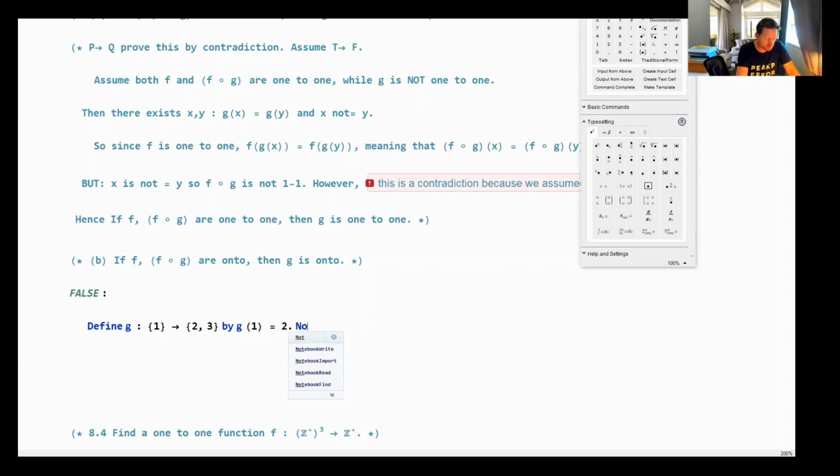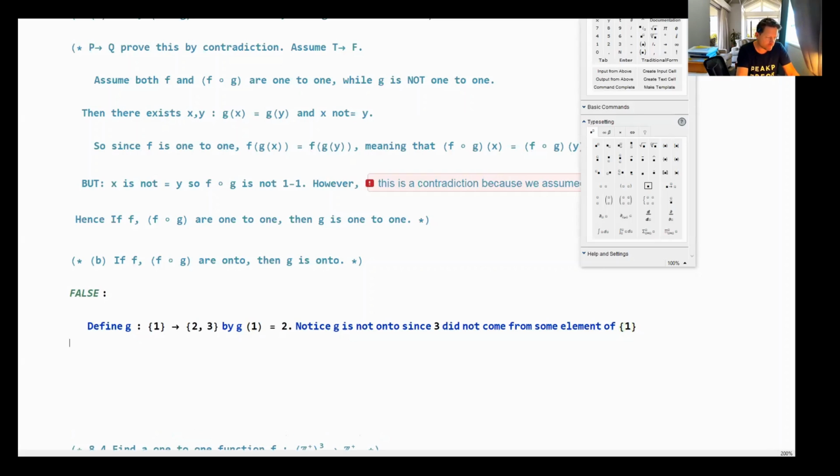So notice G is not onto since 3 did not come from some element of the set containing 1 under the map G. Okay, so it's not onto.